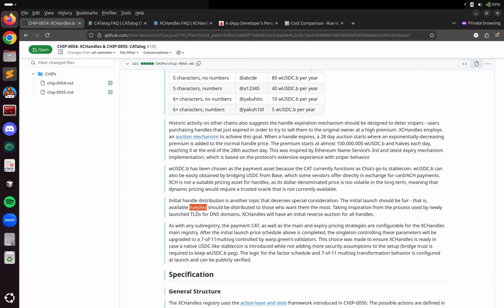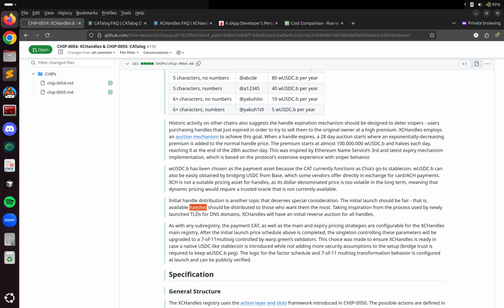And that's inspired by the logic that happens when some top-level domains launch. So for example, when the .app domain launched, they had a strategy where the prices for all domains would be really high. And then, like the expiry mechanism, they would go down each day until after a while, all the domains started costing their normal price.